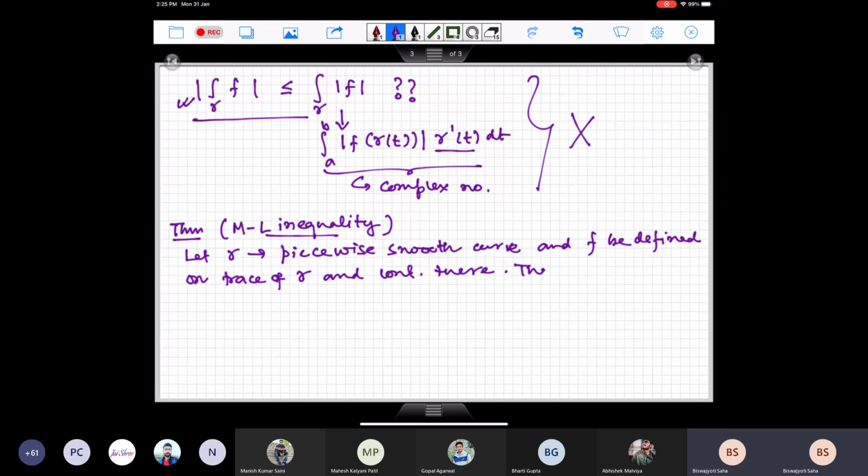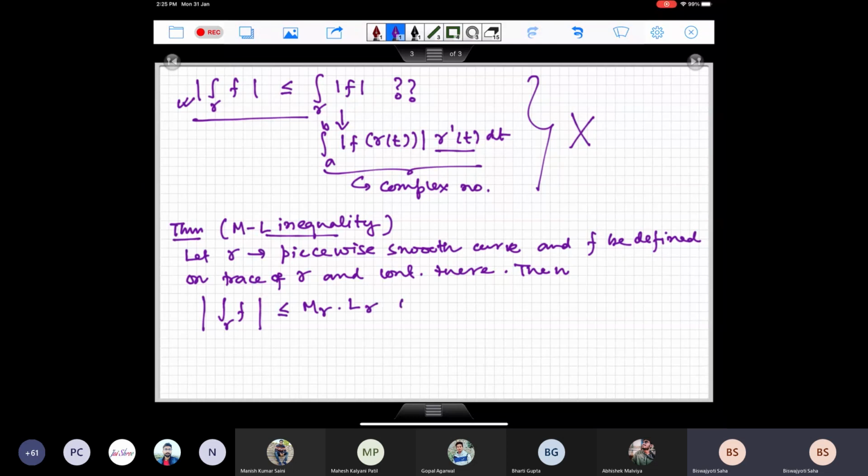Then I have that the integral over gamma of f, in absolute value, is less than or equal to M gamma times L gamma.